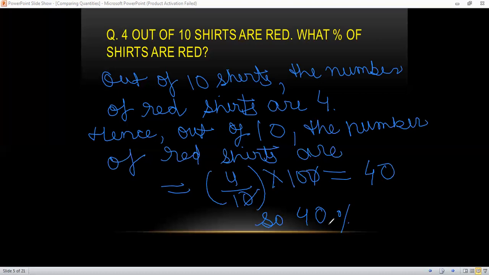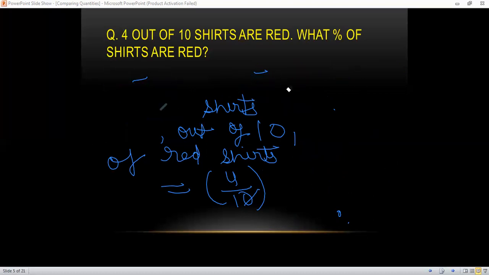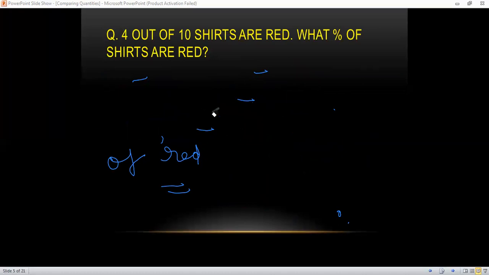So like this, how can we find the percent? When the value is given in fraction, if you multiply by 100, you will get the percentage. So percentage is always in fraction.